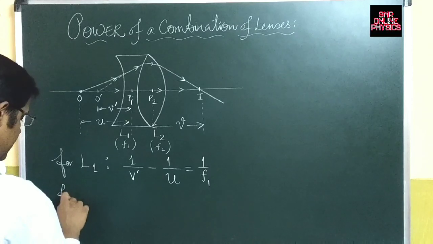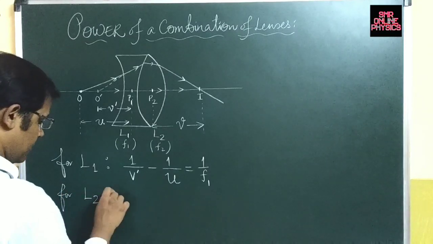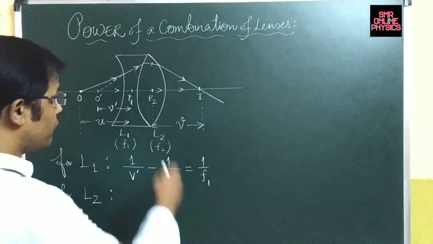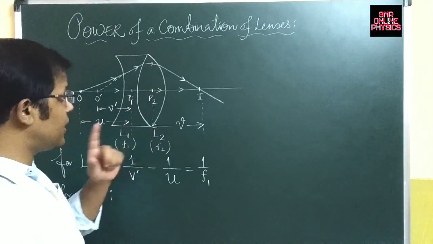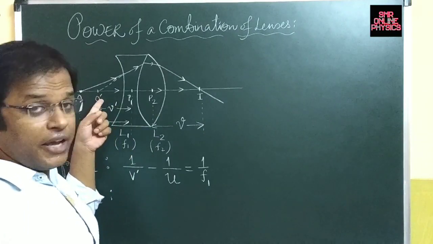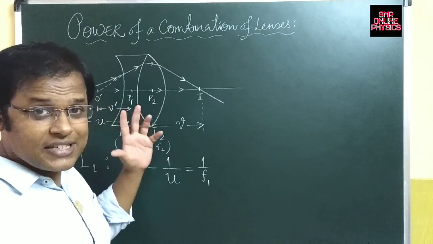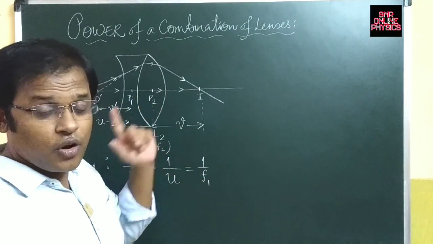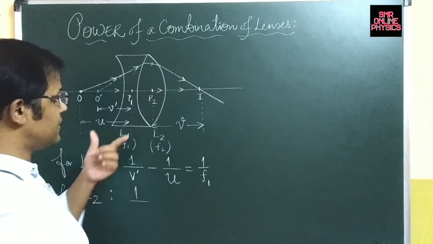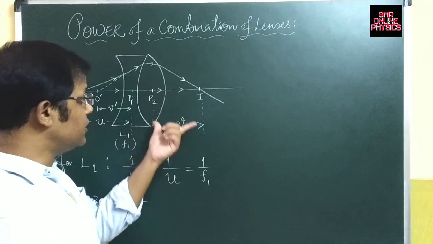Now similarly, write this same formula, keeping in mind all the conditions, the lens formula for the convex lens. For this second lens, the role of the object is in fact played by this image. The virtual image acts as an object for the convex lens. So this is the actual image formed for this convex lens.